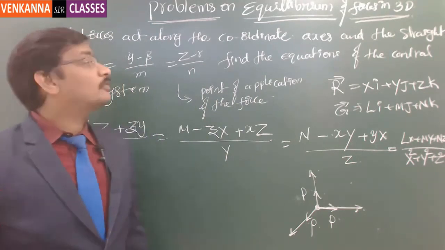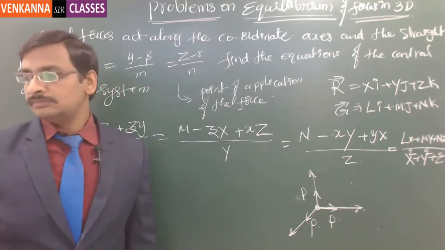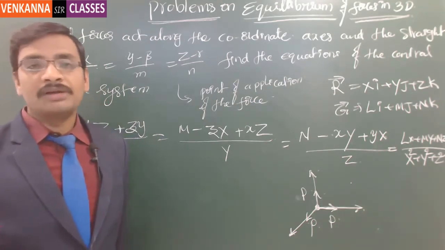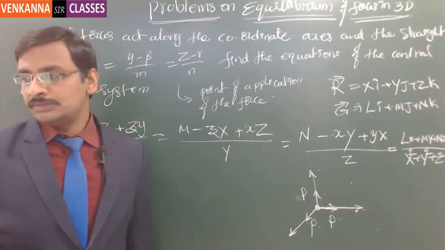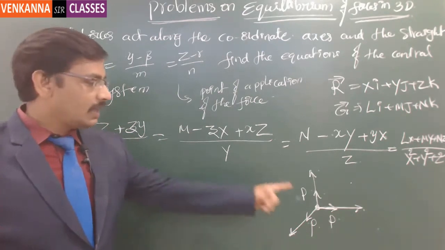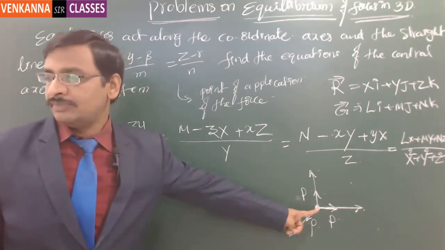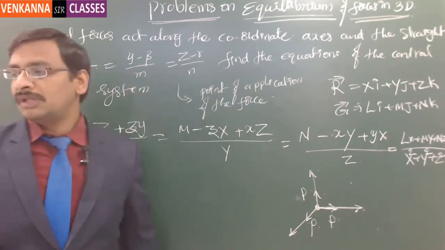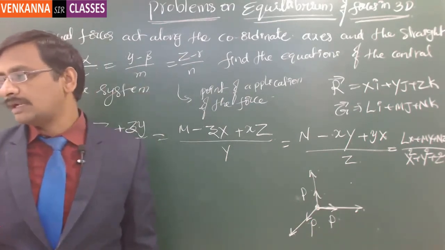Can somebody give me information about it? What is the location of the point of application of the fourth force? Three forces are acting along the coordinate axes. There is one more force and he has given this information. Now here, exactly, right?